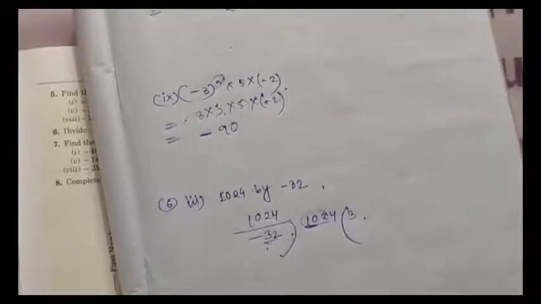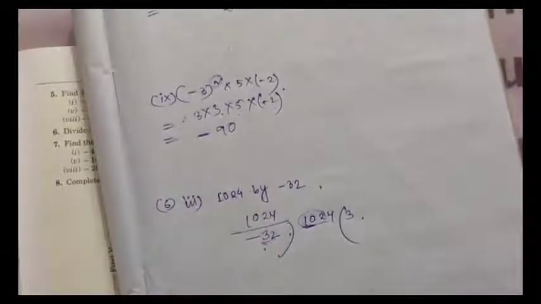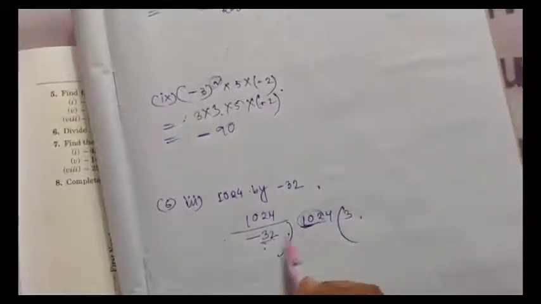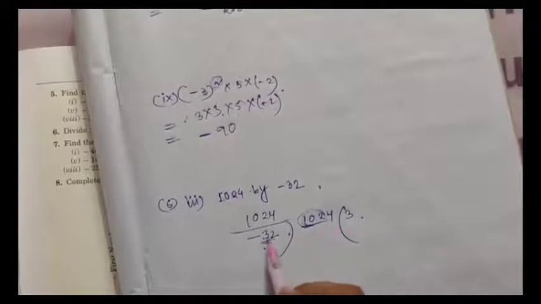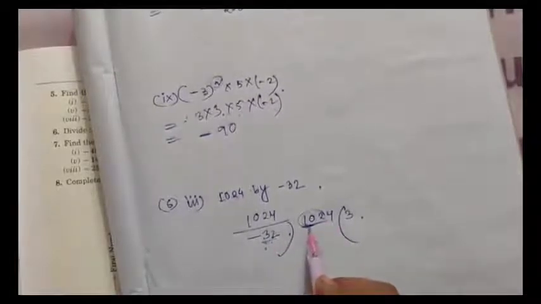So you will just do the division and then fix the sign, but the division you have to do the same way you learned in the previous class. Here we need to see how many times 32 goes into 102. 3 1s are 3, 3 2s are 6, 3 3s are 9, 3 4s are 12. So 12 is greater than 10.